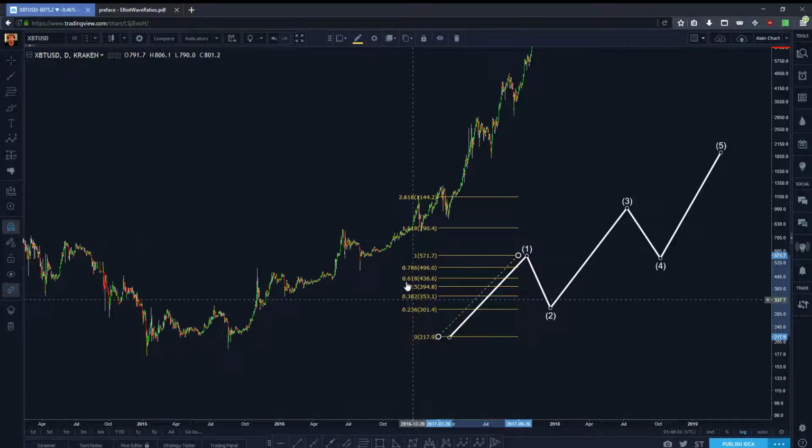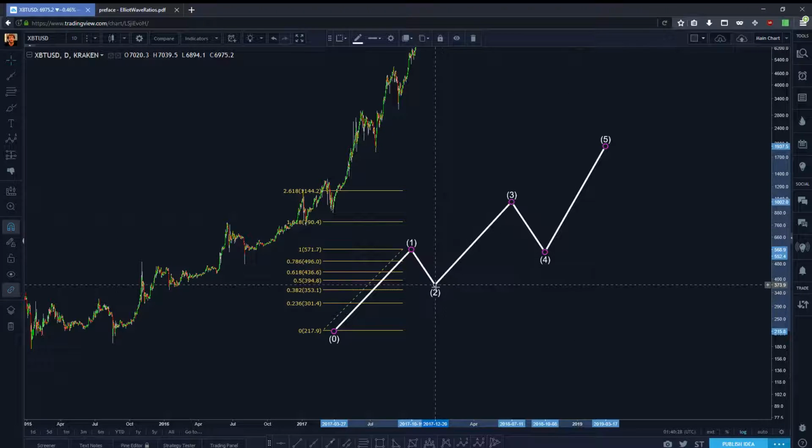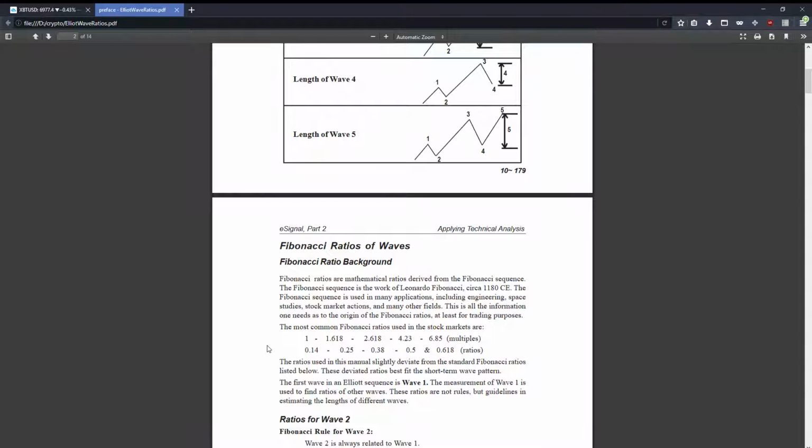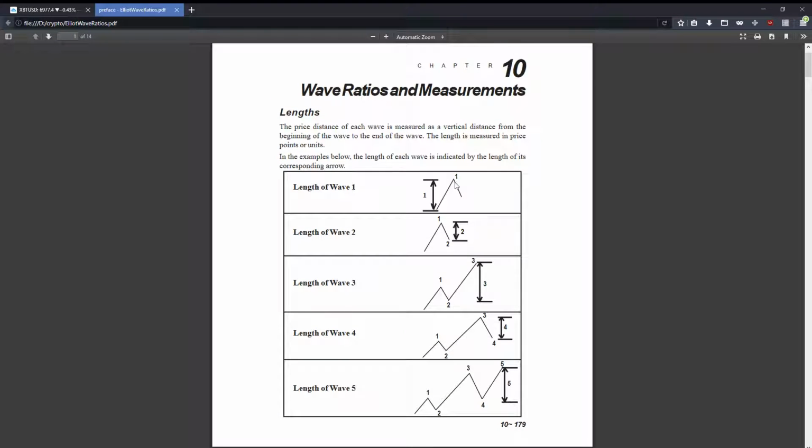Okay, so if this is our wave, let's just go through the fibs without applying them to a chart first. Like I said, wave 1 is our impulse wave. We're largely in the dark at this point.